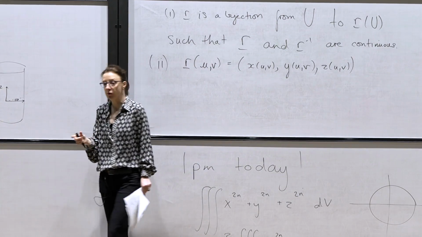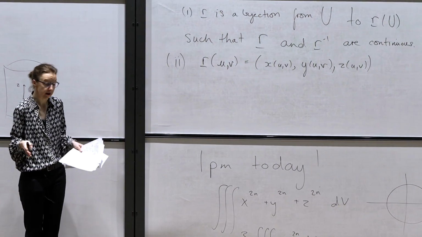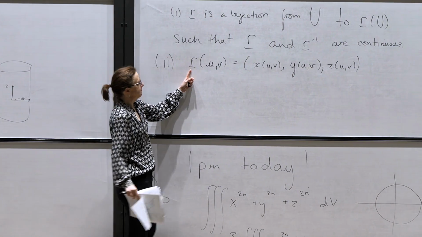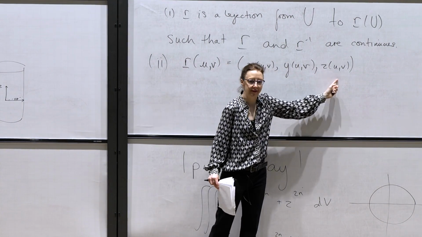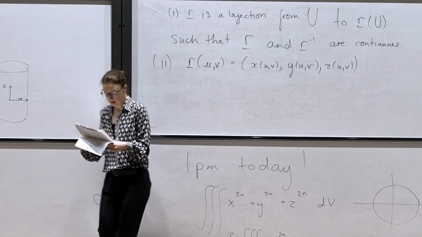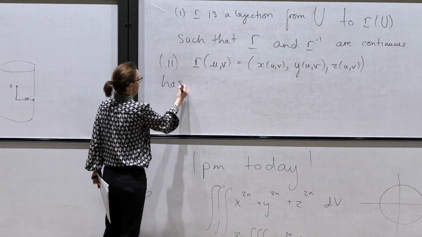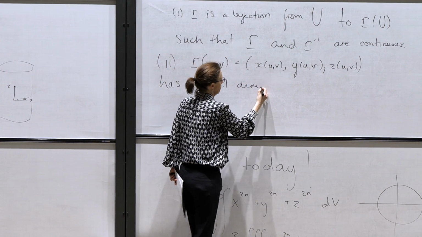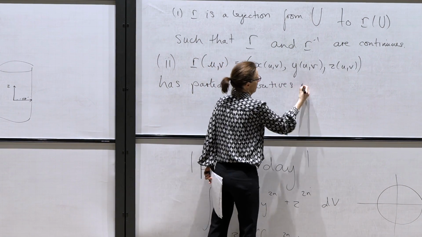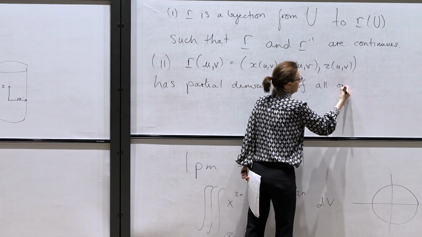Okay, so I take my coordinates u and v for the parameterization, and this map tells you where I end up in the 3 space, so my x, my y, and my z coordinates. And we want this to have partial derivatives of all orders.